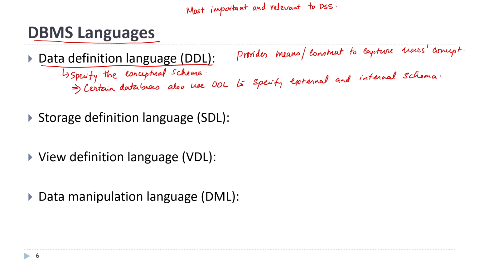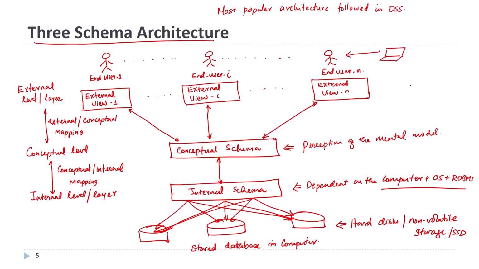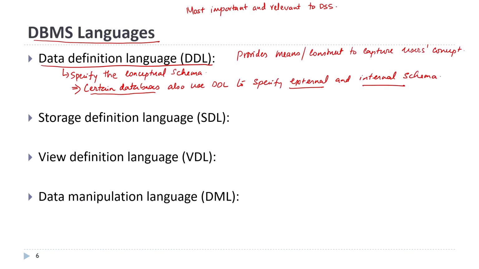Okay. So remember this is an important aspect. There are certain database systems that can use DDL to specify both external and internal schemas. Okay. So keep that in mind.